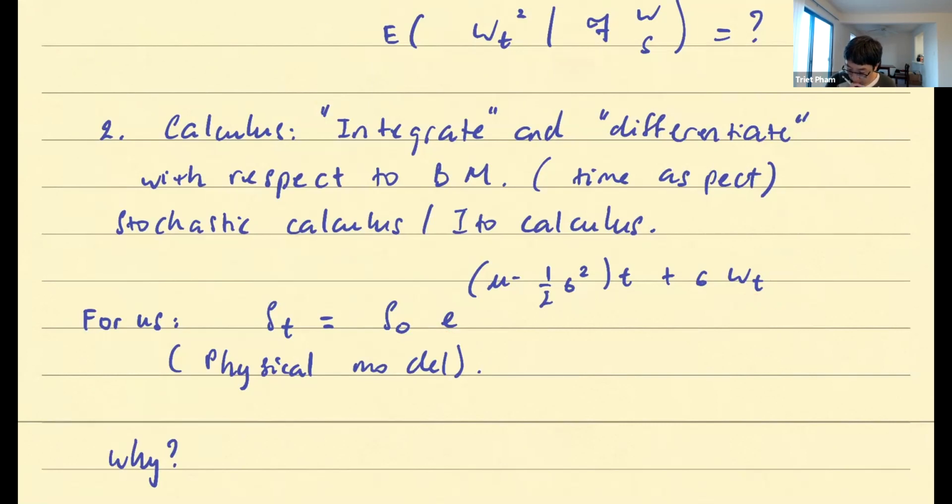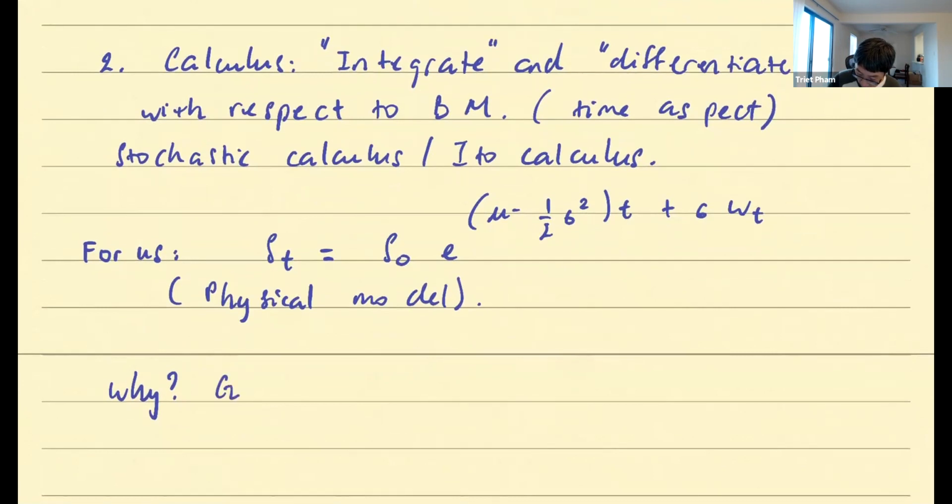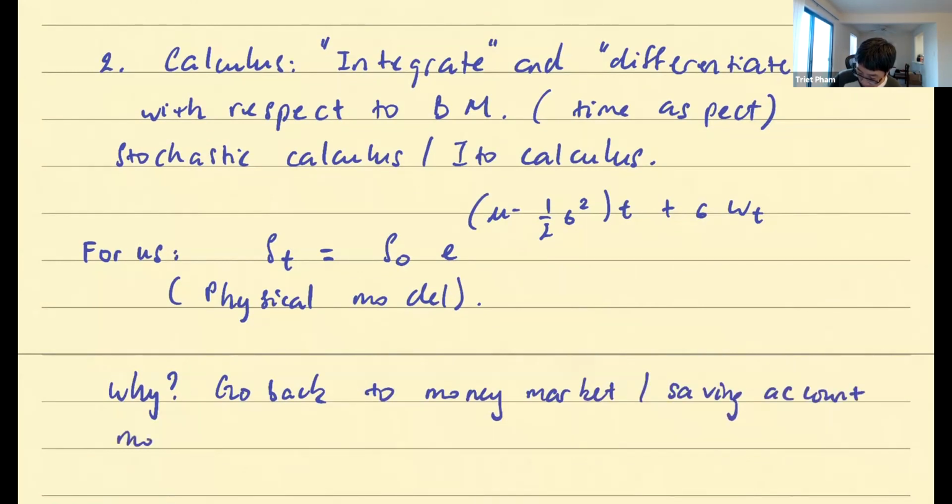Why does it make sense to model a stock this way? So for that, let's go back to the idea of a saving account to begin with. So let's go back to the idea of a saving account model, or money market account. And by the way, I'm referring to continuous time modeling.